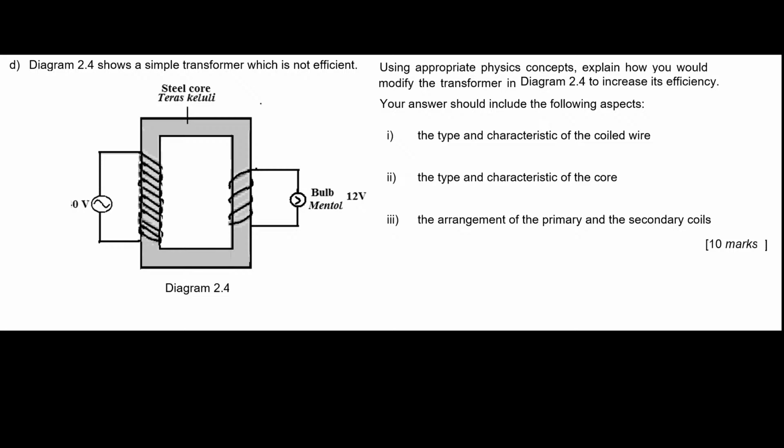Now they're using steel core, so they ask you to explain what type you want to use, and then to give the characteristics. Here also is 4 marks, so now 8 marks already. The last part, arrangement of the primary and secondary core, so how you want to arrange. Ten marks.